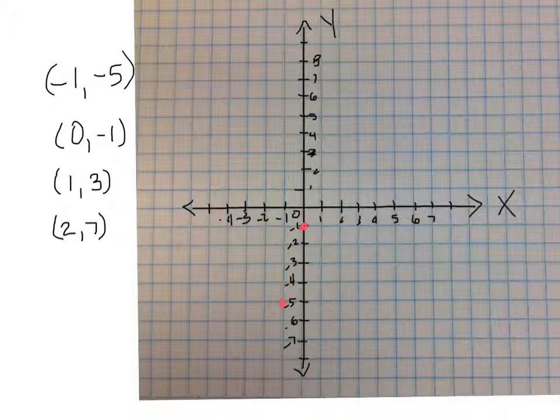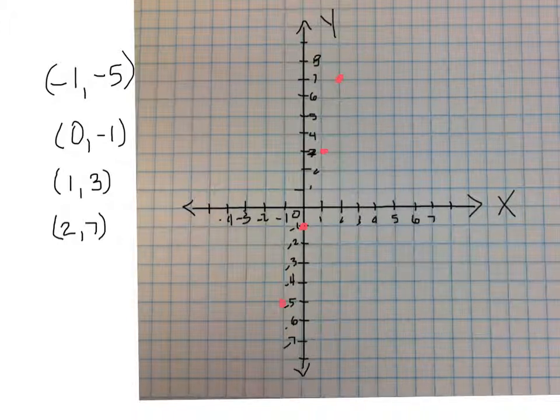Next, you start at the origin, you move right to 1 and up to 3, and you plot the point. And for the last point, you start at the origin, you move right to 2 and up to 7, and then you plot the point.